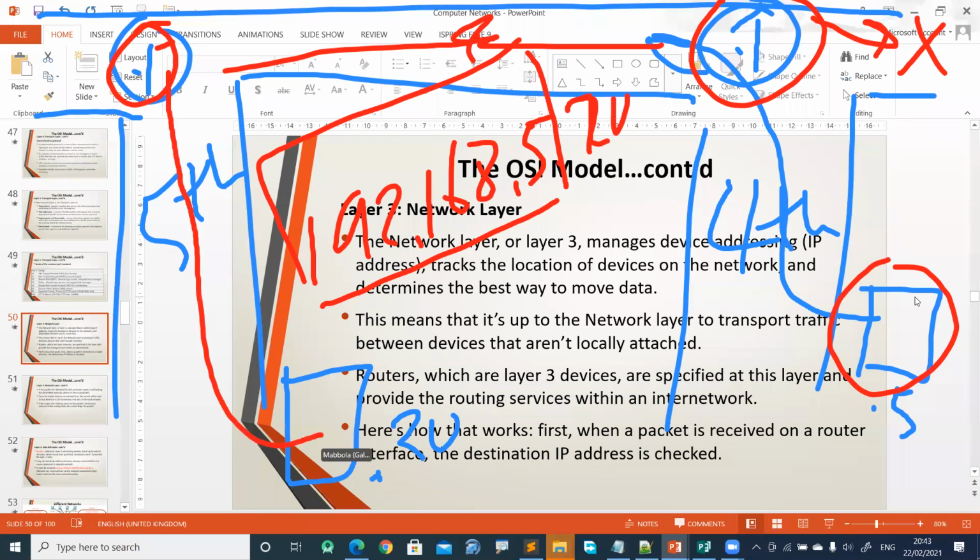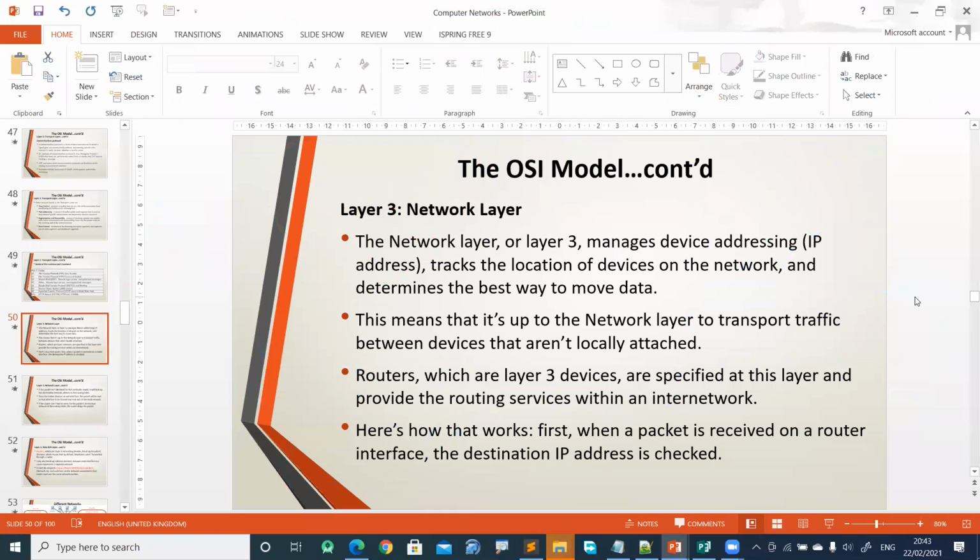So that's what I mean by the last point, saying that first, when a packet is received on a router, the receiving router, the destination IP address is checked.